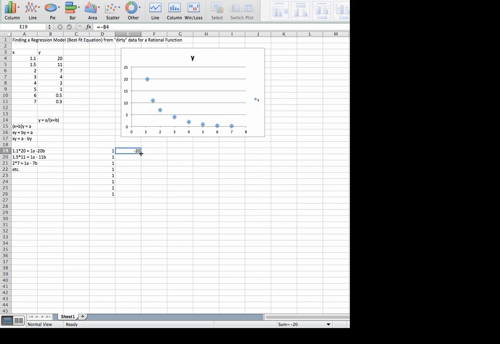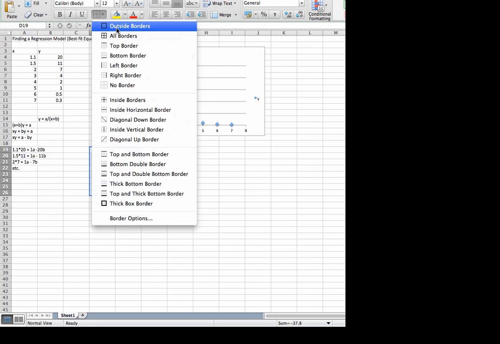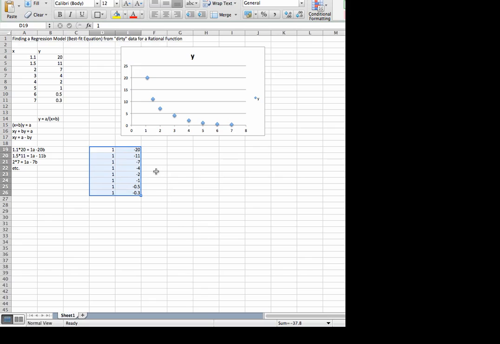Then I just copy down, double click there, and you'll notice it put all my y values but with an opposite sign, and that's because we have a minus by or a minus yb here. Even though a spreadsheet doesn't have the matrix brackets, we can simulate those. We'll do that by selecting everything in our coefficient matrix and putting a border on that.